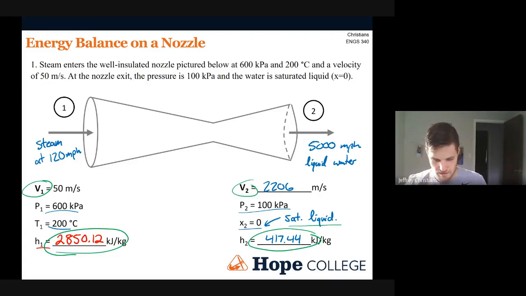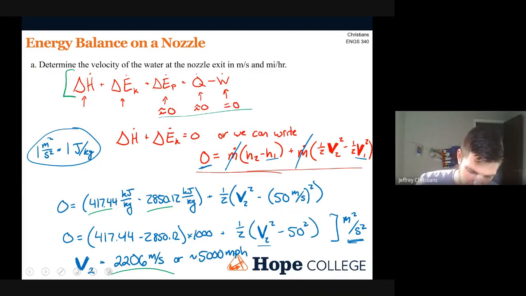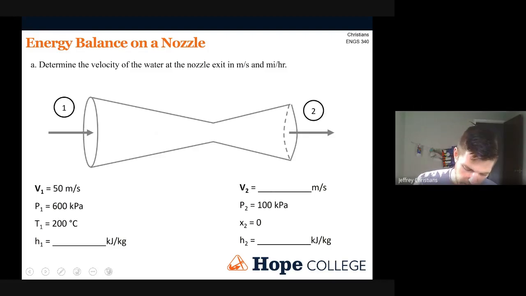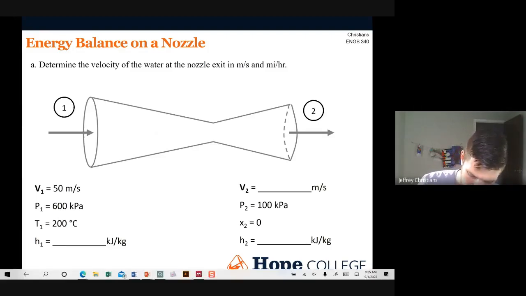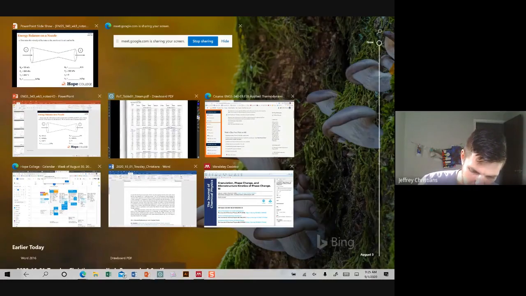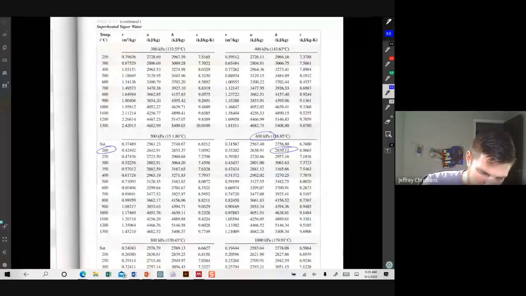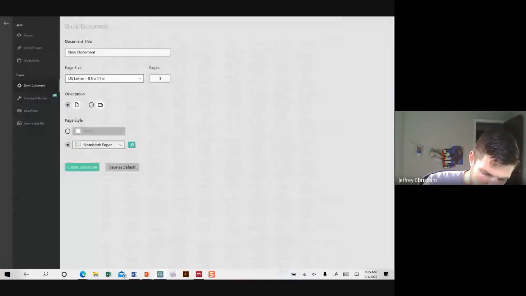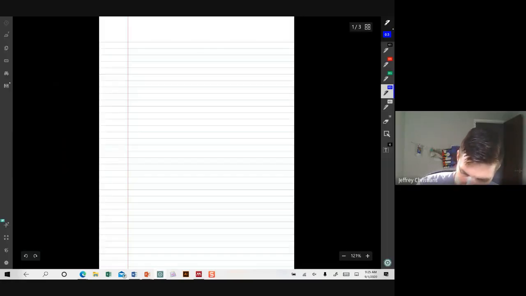So this first law of thermo, let me get just a blank document.